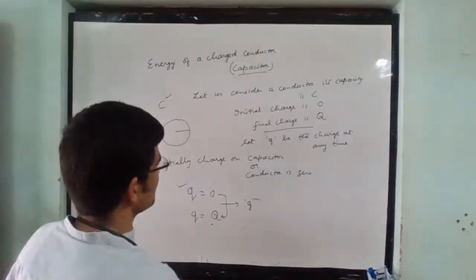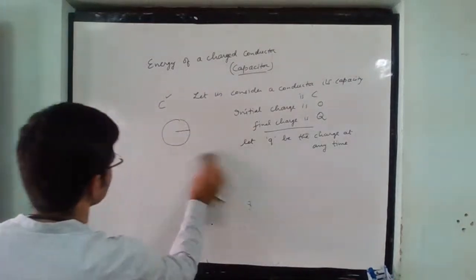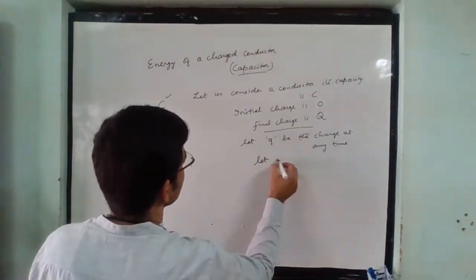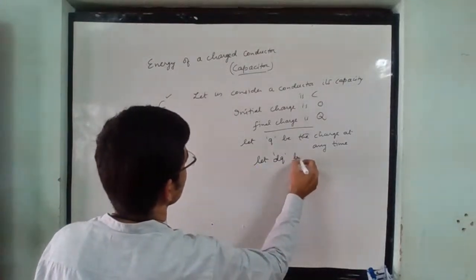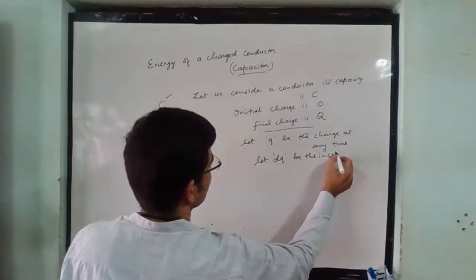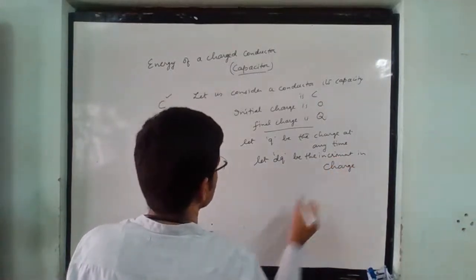Okay, and the further increment of charge is, suppose, dq. Let dq be the increment in charge. What does it mean?